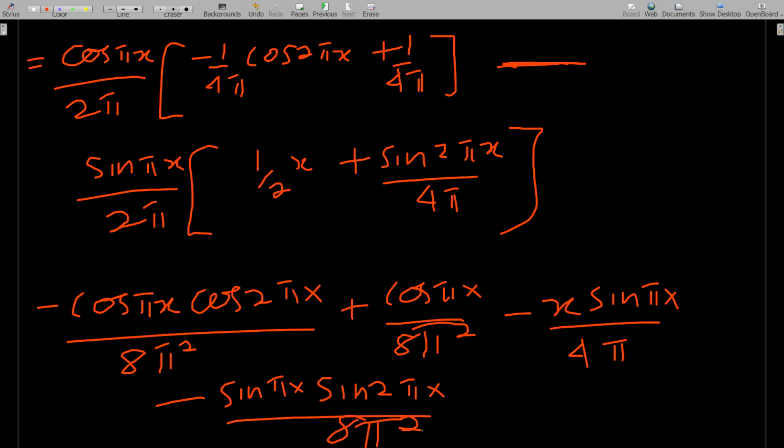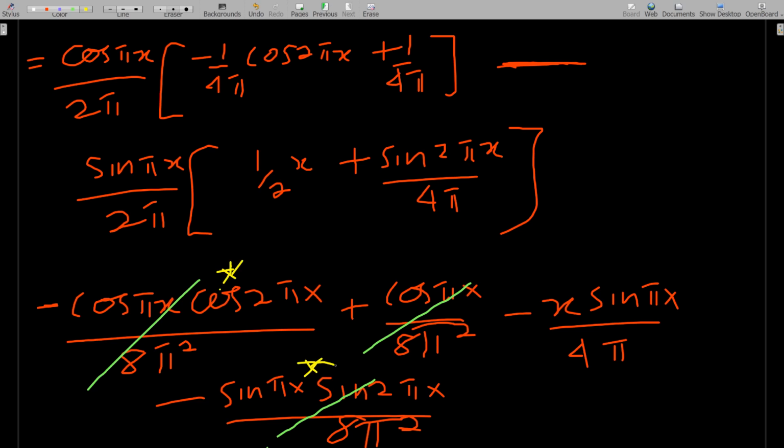Okay, and I realized that we had this term. Let me use the green pen. In the first part, we had this term, also this term, and this term, and they all added and summed up to 0. We know this already. I went through with you that the combination of these two, this one and this one, will give you a negative cos pi over 8 pi squared.